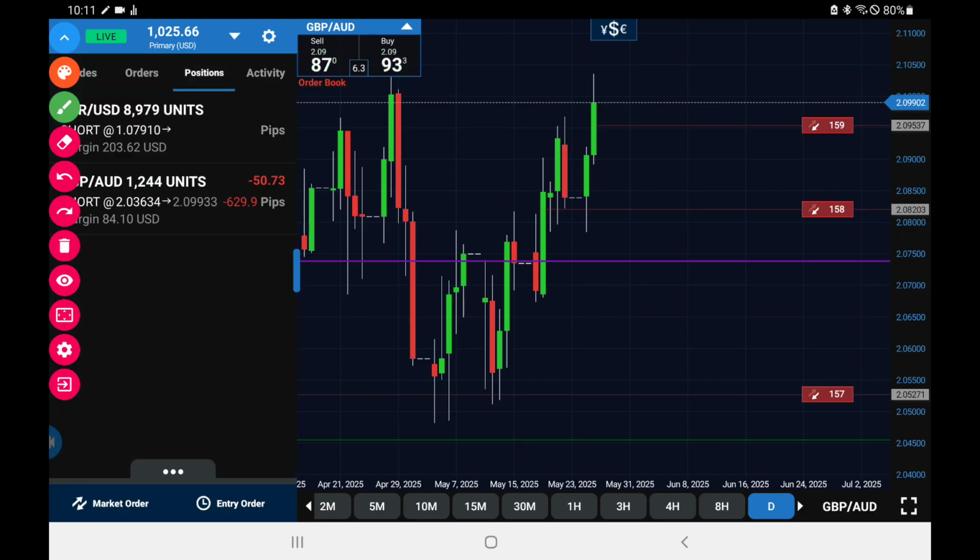For example, right now, I stand to lose this amount on each pair if a margin closeout happens. That is a lot of money. That is a huge hole in my wallet. So risk management is absolutely critical.